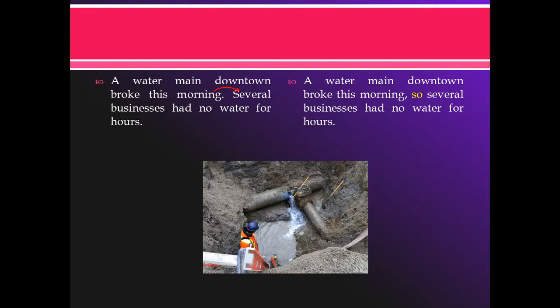A water main downtown broke this morning, so several businesses had no water for hours. See, this is a transitional word. It takes this thought, the fact that the water main broke, and for this reason, therefore, so several businesses had no water for hours. So this flows much better than these two sentences separately like that.